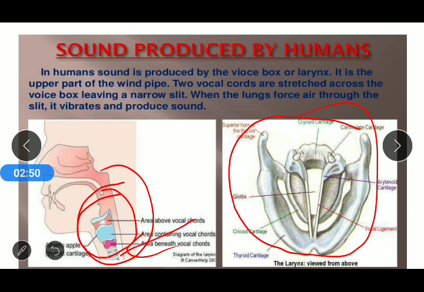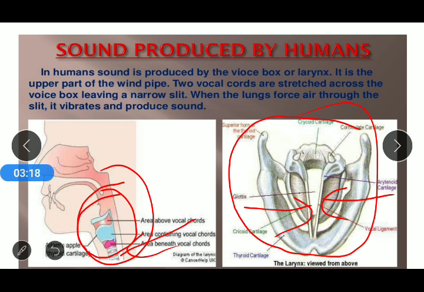Two vocal cords are stretched across the voice box, leaving a narrow slit. From the top view, these are the two stretched vocal cords, this is the first and that is the second.